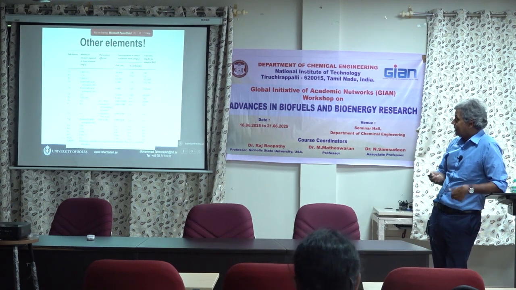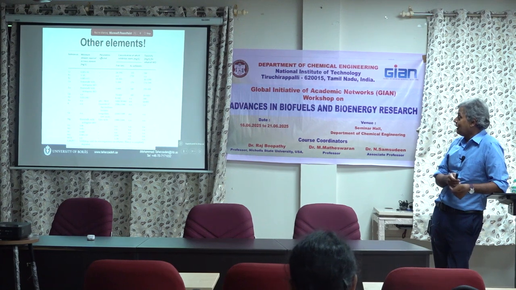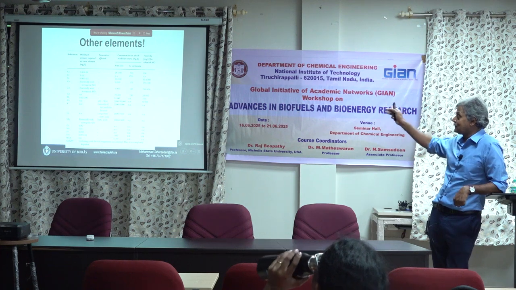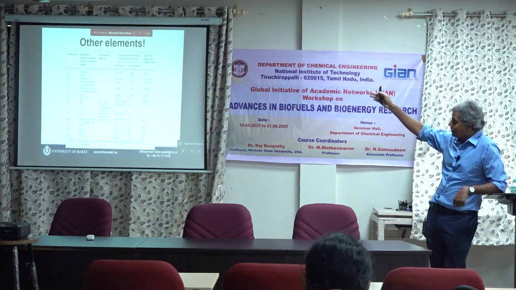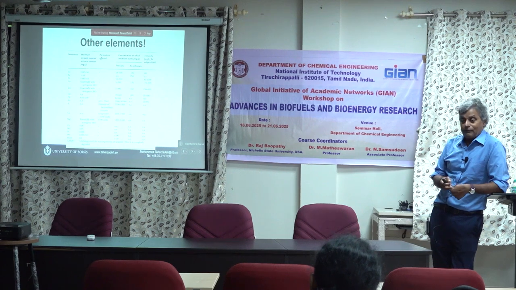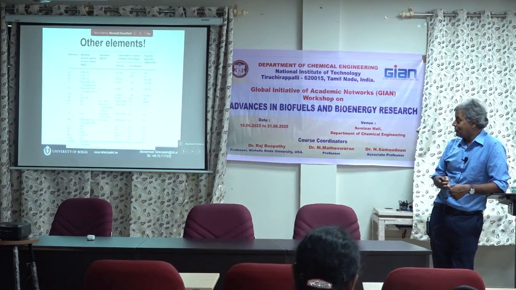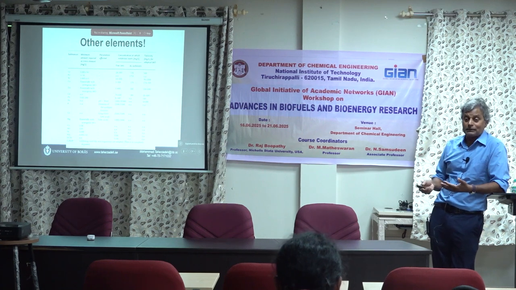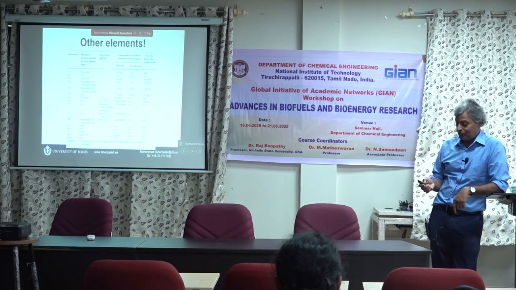Those are the trace elements. What do they do? The important function of those, and the concentration range, and you should not exceed the toxicity level. So all those from chromium all the way down to selenium, and if you have toxic substances like cyanide, you should avoid them in there. Okay, so this is more information, more details of how much of each element should be in your system.